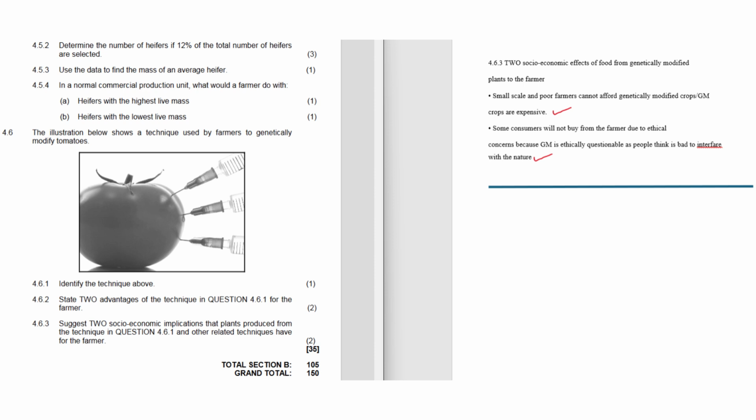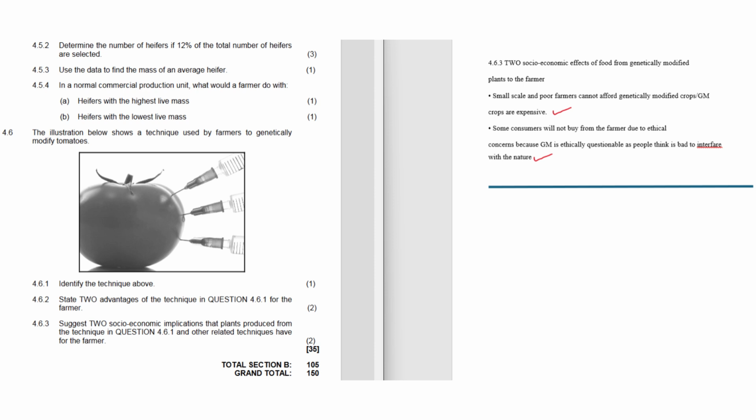Then they want to link this socio-economic implication to the farmer specifically. That means your answers have to be related to the farmer specifically. So, right now that we have that in mind, we can continue. A: Farmers cannot afford genetically modified crops because they are expensive.